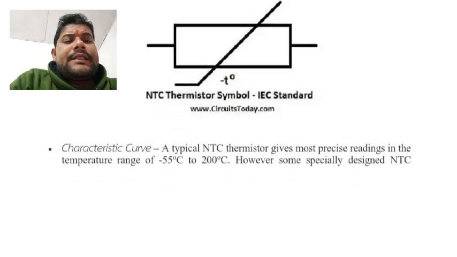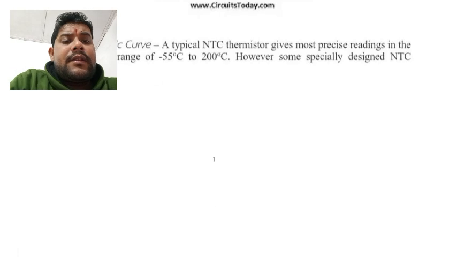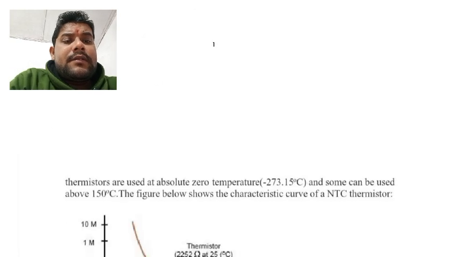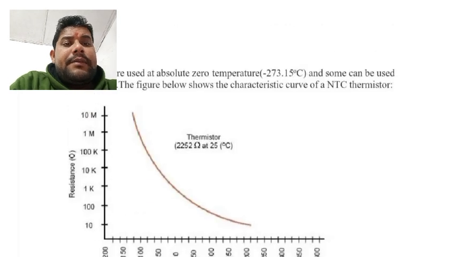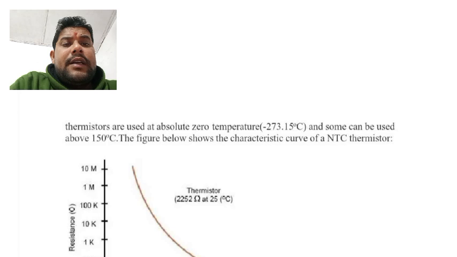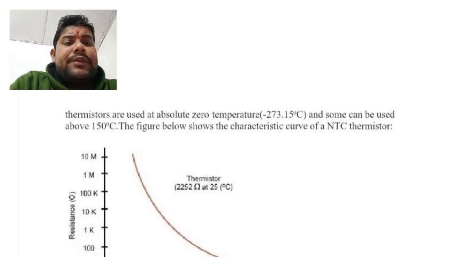Second, the characteristics curve. So this is the characteristics curve of negative temperature coefficient thermistor. We have already discussed the thermistor used at absolute zero temperature.